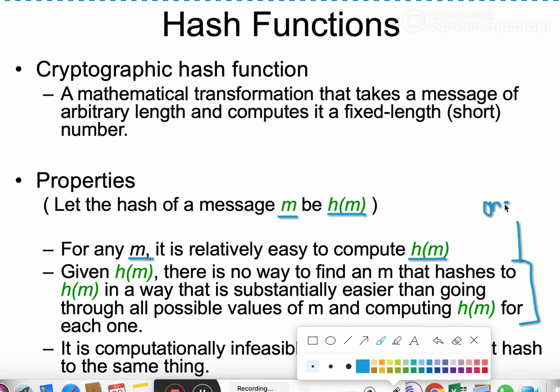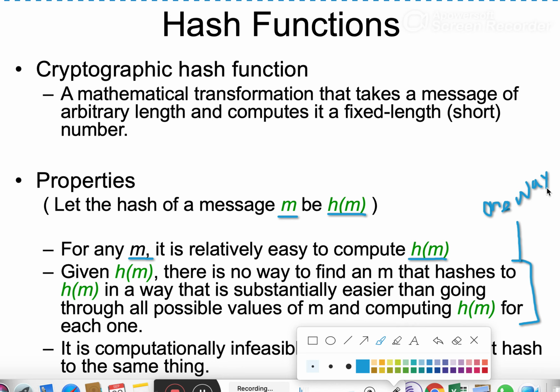These cryptographic hash functions are also called one-way hash functions. Now what is this one-way property? It says that if you have a hash of m, you would not be able to get m back out of it unless you try all possible m values and compute h of m and then compare it with the given h of m.